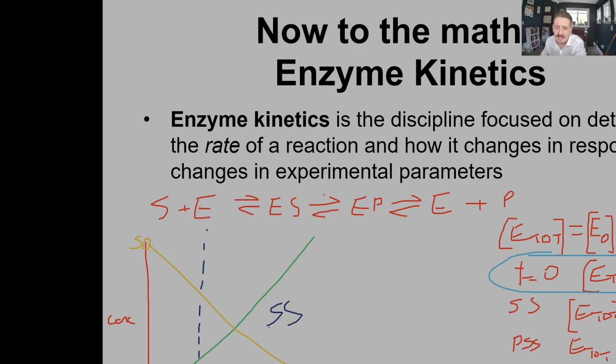This is the steady state, and this is the pre-steady state. Because this isn't changing, it's steady. In the pre-steady state, we have this mixture of ES and E0 making up the total amount of enzyme that's present.